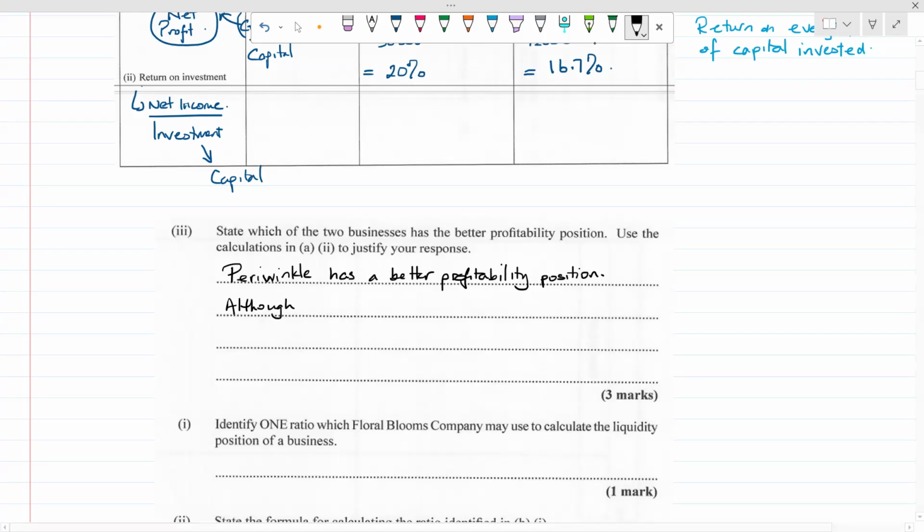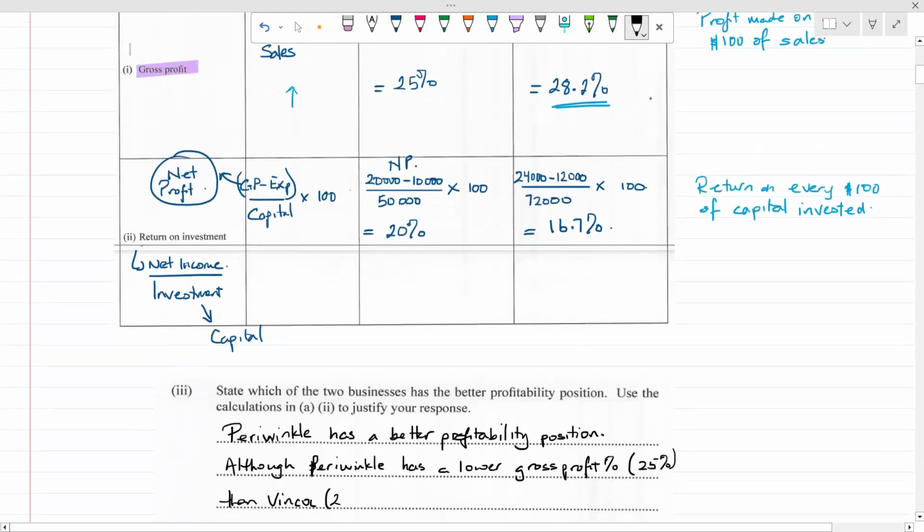Although Periwinkle has a lower gross profit percentage, I could put it here, 25%? Yeah, 25%. Then Winkle had 28.2.